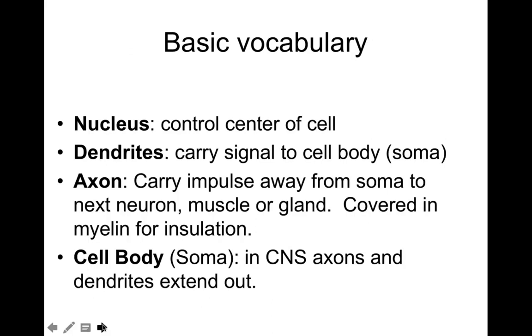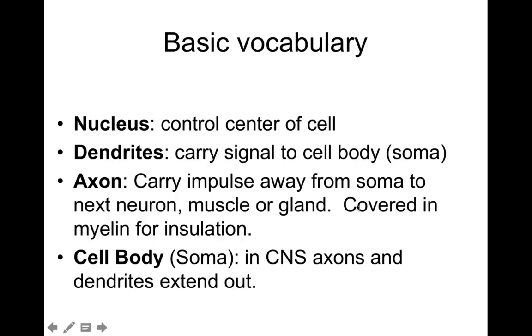Looking at some basic vocabulary, obviously we know, most of us from a basic biology class, that a nucleus is the control center of the cell. Dendrites basically carry a signal to the cell body. The axons will carry an impulse away to the next neuron, muscle, or gland.